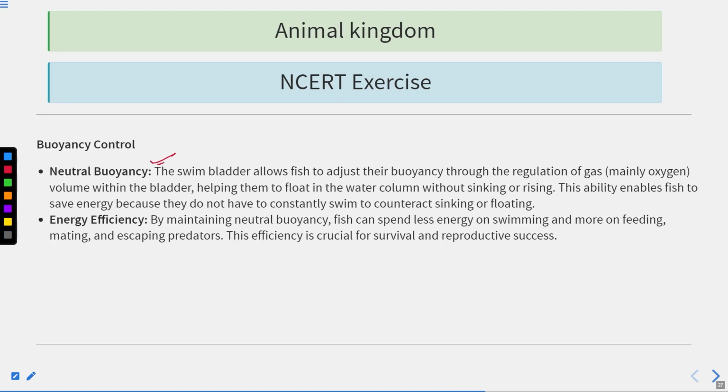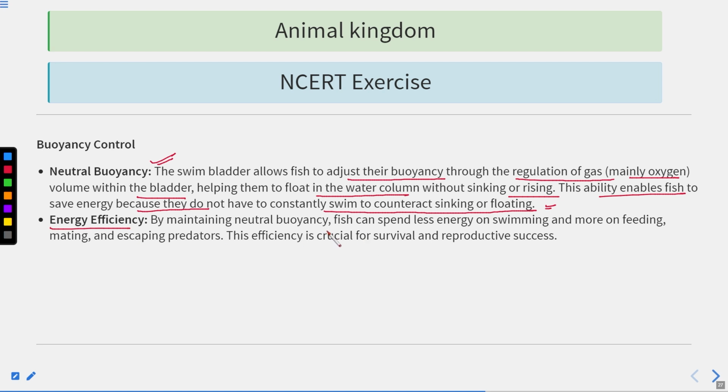Neutral buoyancy. The swim bladder allows fish to adjust their buoyancy through the regulation of gas, mainly oxygen, volume within the bladder, helping them to float in the water column without sinking or rising. This ability enables fish to save energy because they do not have to constantly swim and counter sinking or floating. Next is energy efficiency.